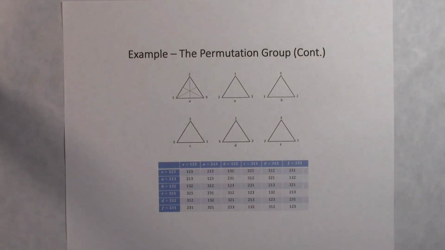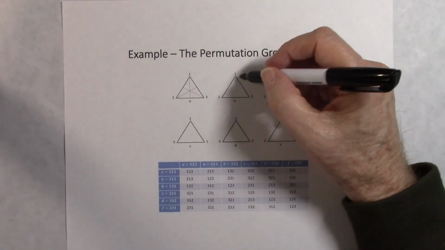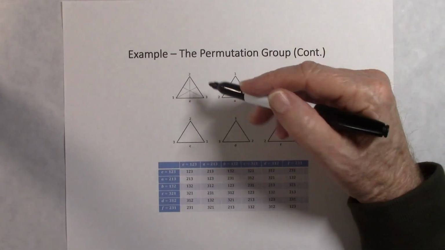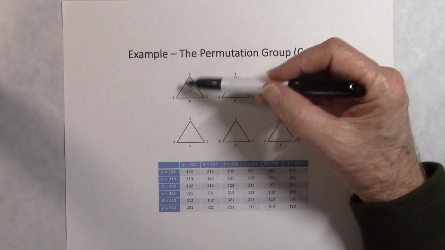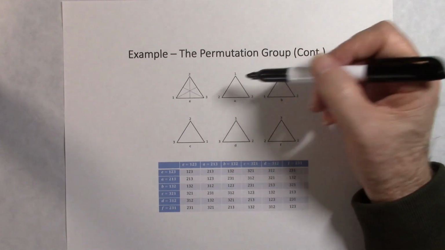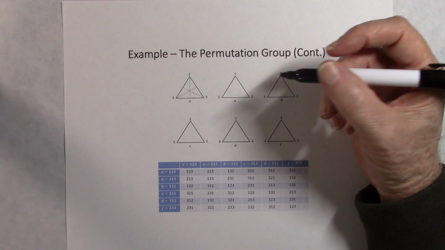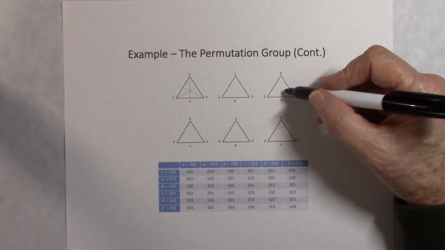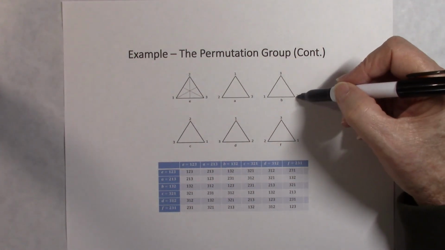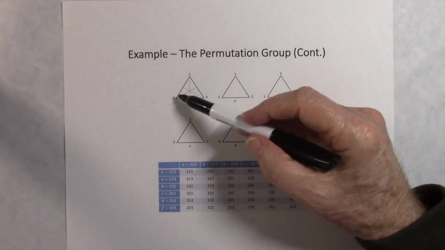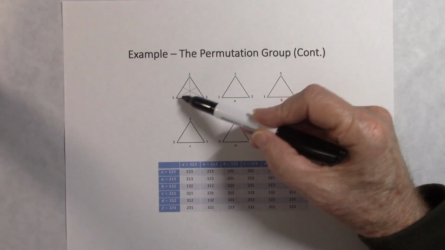And if I were to do that, and your back was turned and you didn't see me do that, and I took these numbers off, you wouldn't be able to tell that I'd done anything. The equilateral triangle would look the same after the operation as it did before. The same with B. All I do is switch 2 with 3, and that's just flipping this around this symmetry axis here.